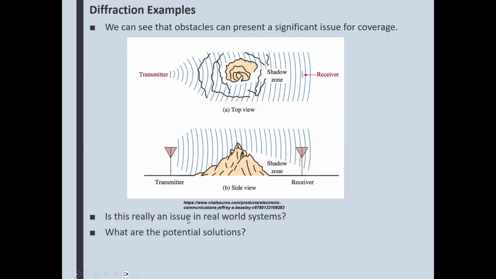Is this really an issue in the real world systems? Well, yeah, because if all of us right now that are becoming addicted to using the cell phone find ourselves in this area here, well, maybe we won't be able to use our cell phone to do our Facebooking and all that kind of stuff for about 10 minutes.